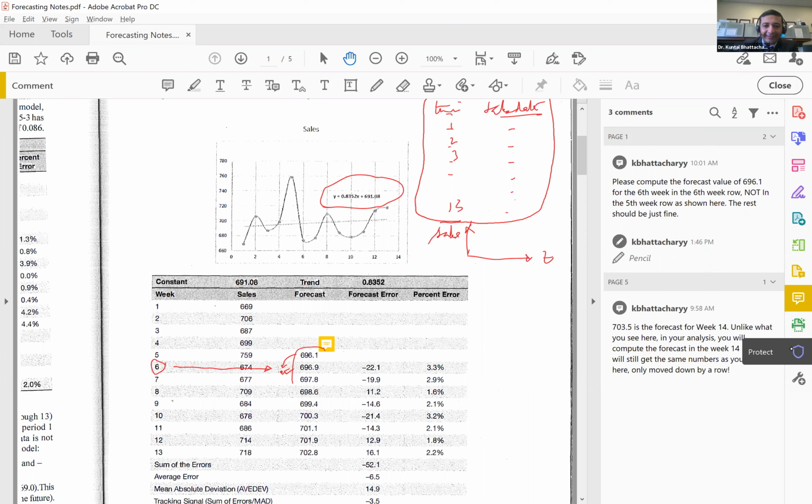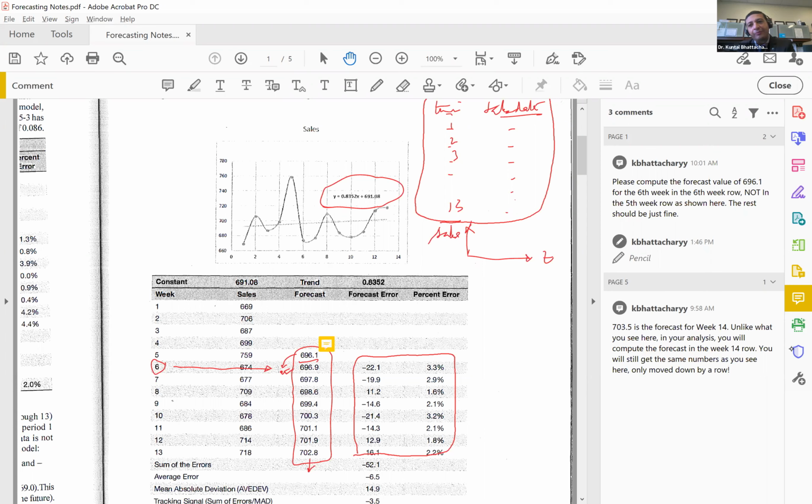In essence, you are going to move this down by one row, and then everything else will fall into place. All the other numbers will make sense, they are just correct. But this one is a little confusing because it shows up in the 5th row for the 5th week, but it's the forecast for the 6th week.